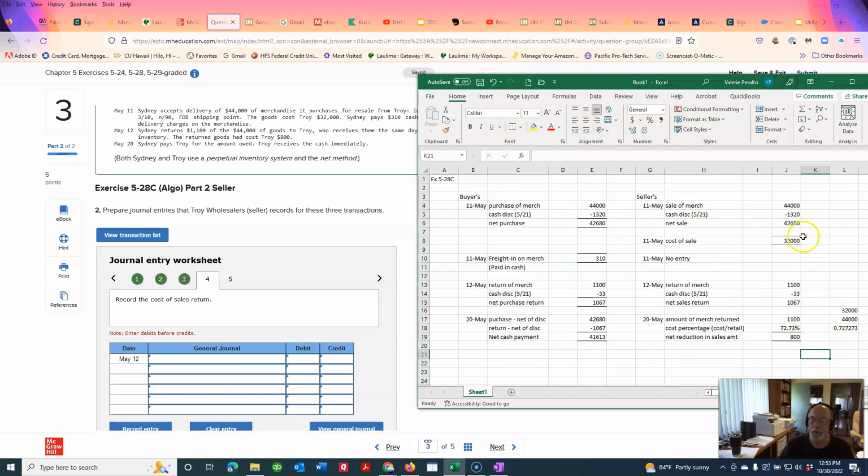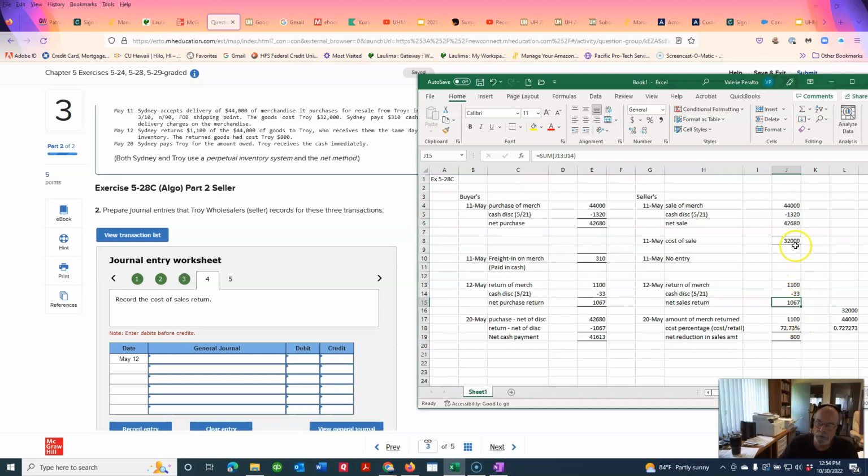So again, the seller's selling price was $44, so the sale return was based on the selling price $1,100, but net of the discount, the seller recorded $42,680, and the sale return net of the discount was $1067.